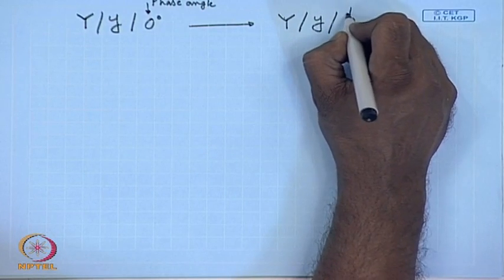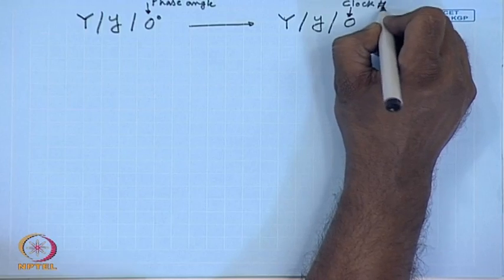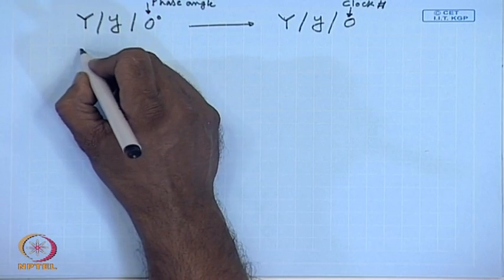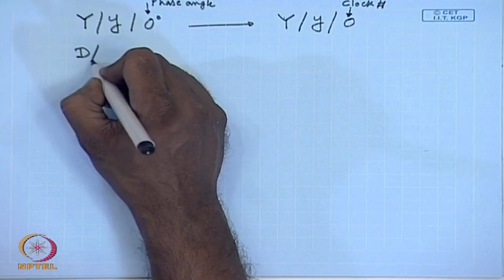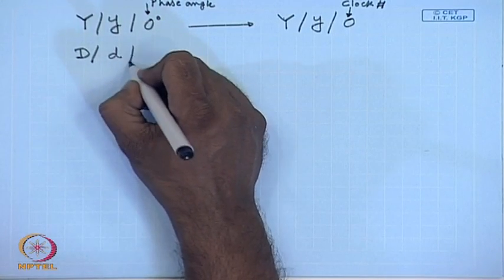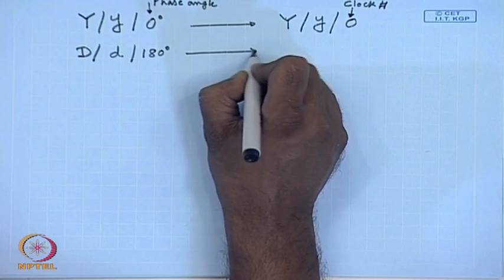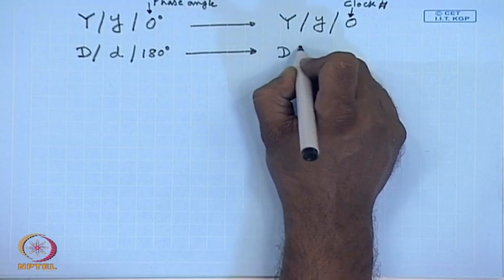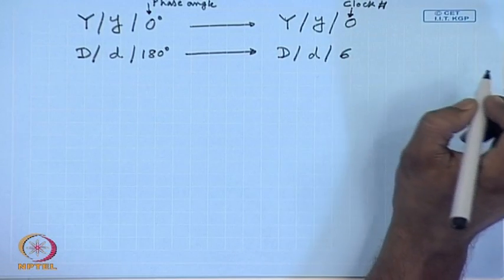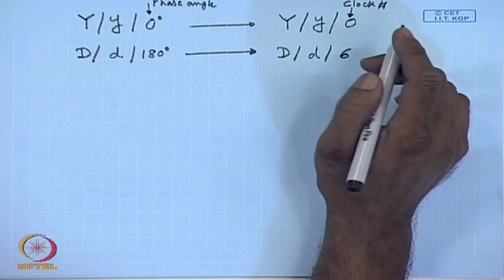This is clock number. Similarly, D 180 degree can also be written as D 6. This is the clock number representing 180 degree phase shift.